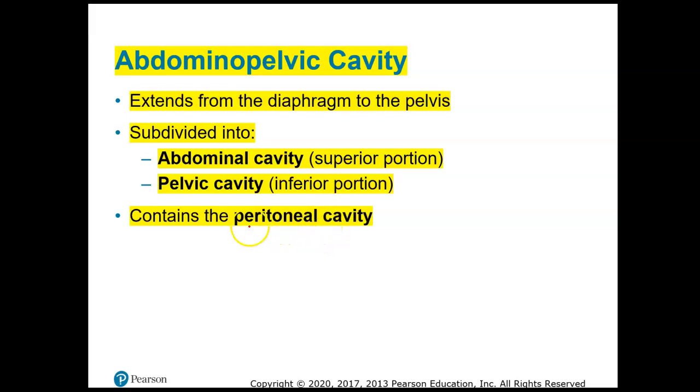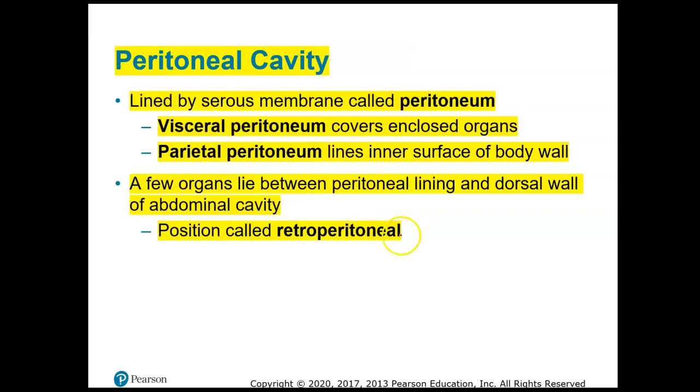Then we have the peritoneal cavity, and that is the cavity in which the abdominal organs lie and the pelvic organs lie. So we call that membrane the peritoneum. The visceral peritoneum covers organs like the stomach and the liver. It actually contacts them. Then there's the parietal peritoneum, which lines the body wall.